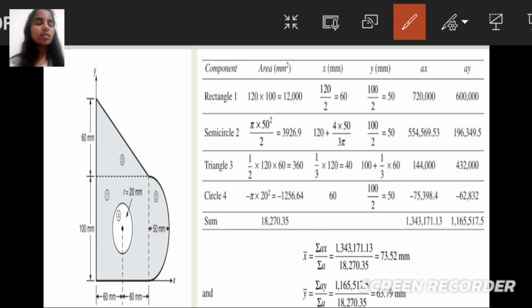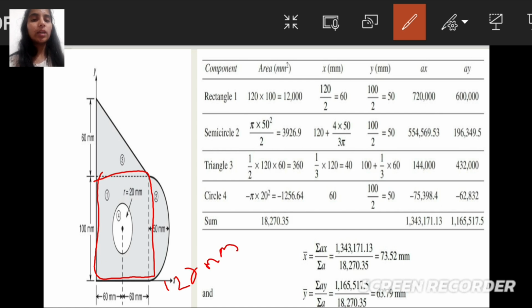Now, first let us take the rectangle. So here the breadth of the rectangle is 60 mm plus 60 mm, that is 120 mm.